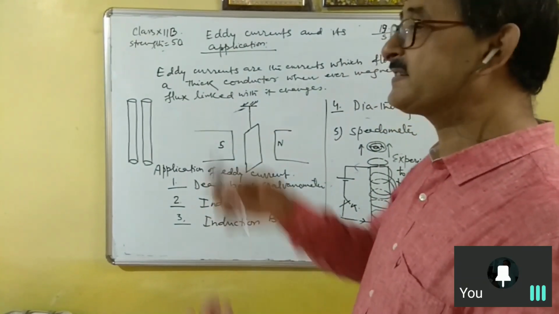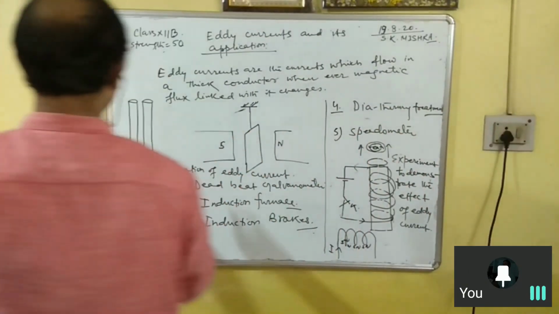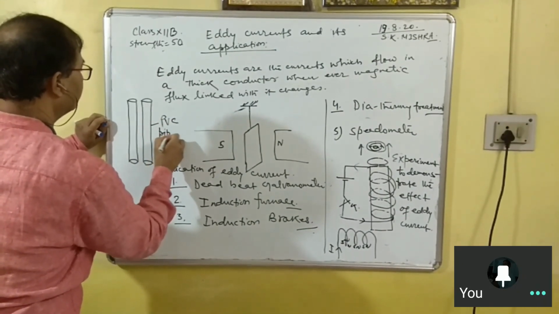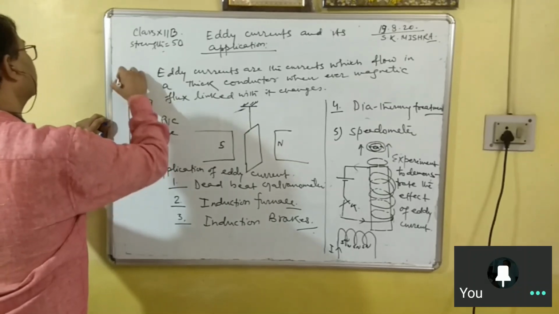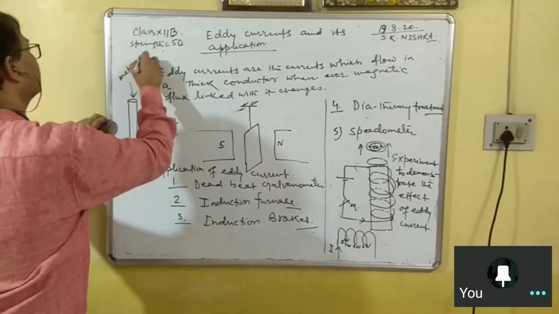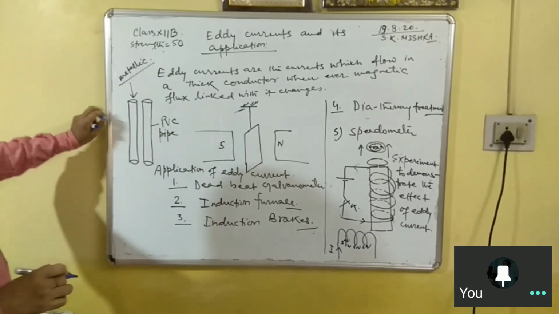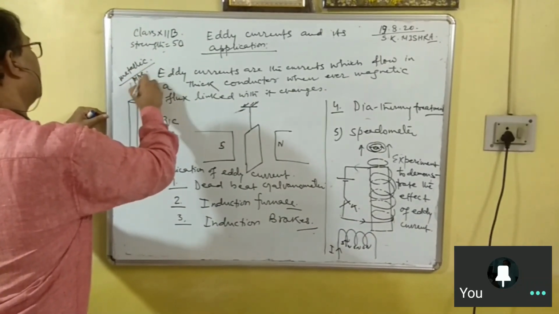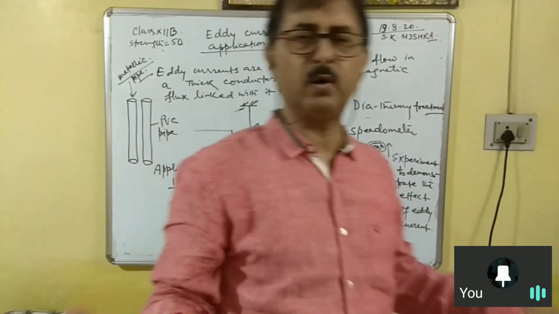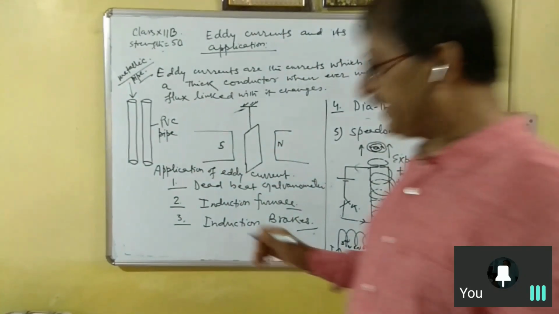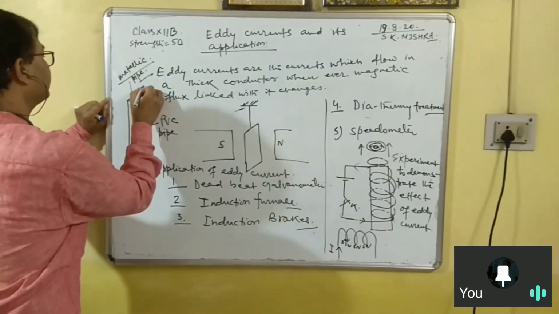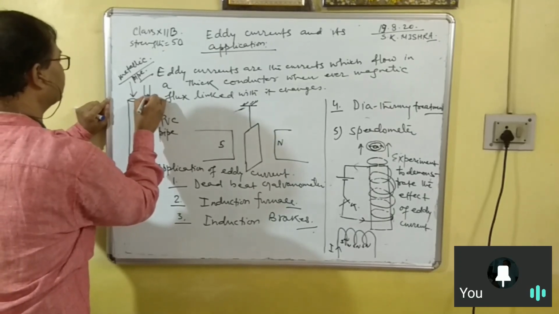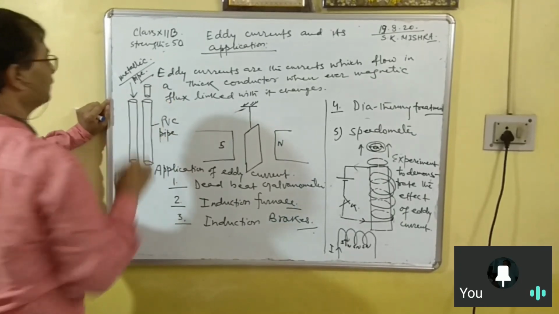If you allow the same magnet to fall through the PVC pipe, and the other one is the metallic pipe, the metal may be aluminum or copper, and you drop a small cylindrical magnet. This also I have shown you in school.